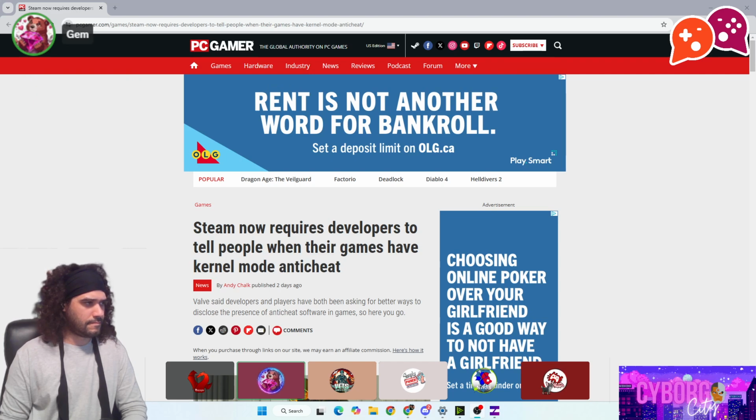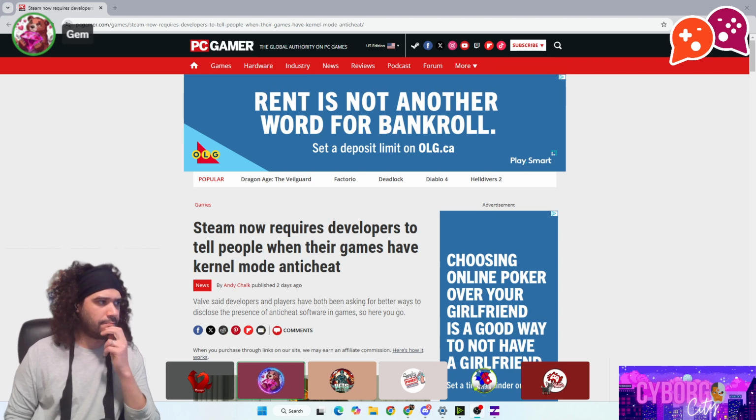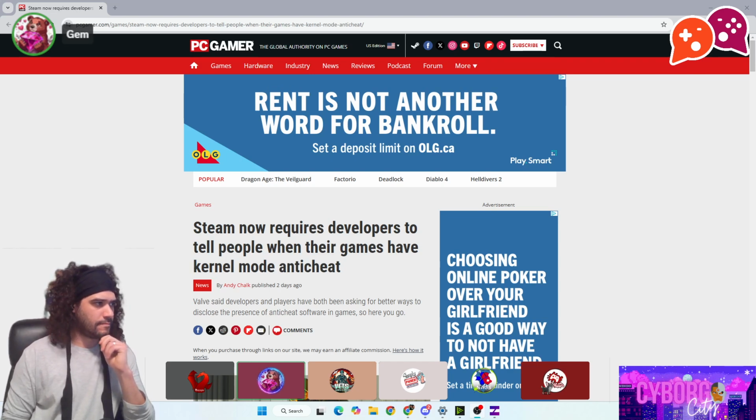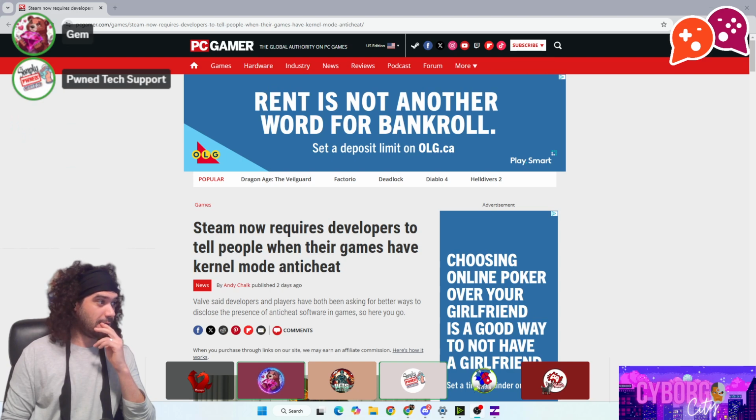But another issue is that it's kernel access, so if the anti-cheat gets hacked, then you get hacked. And that has happened before, I think on Valorant. I watched a video like 2 years ago where someone went into a match with someone else and they had all the IP addresses and the MAC addresses of those computers, and they just logged in and played around with the files.